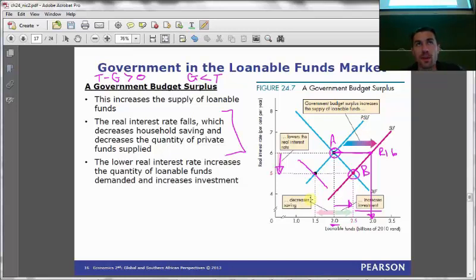So as interest rates go down, we have a movement to the right along our demand curve. Movement to the right along the demand curve means an increase in investment. So the lower interest rate means an increase in investment, movement along the demand for loanable funds curve. Does that answer your question? Okay.